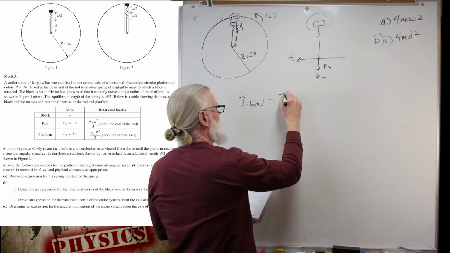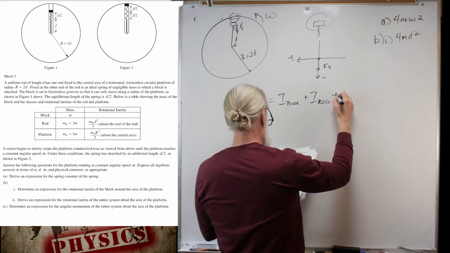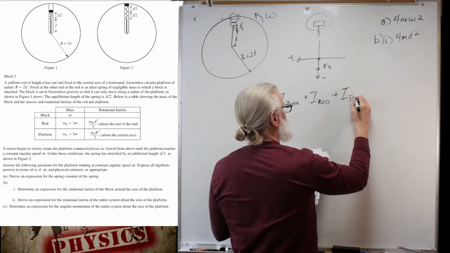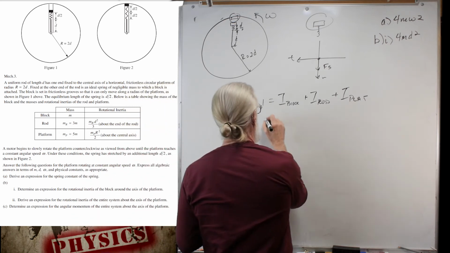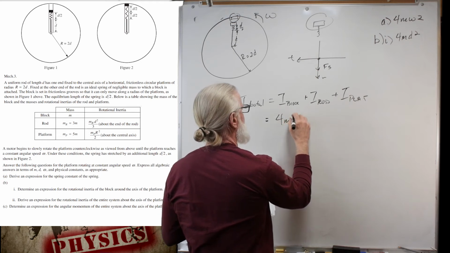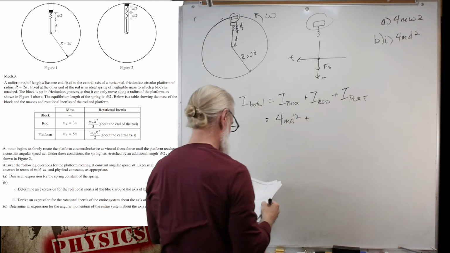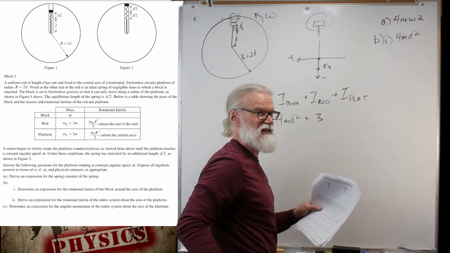I total equals I block plus I rod plus I platform. I block, that's what we just did. That was 4md squared. Plus I rod, which is mass of the rod, 3m. See the squirrely stuff they're doing?